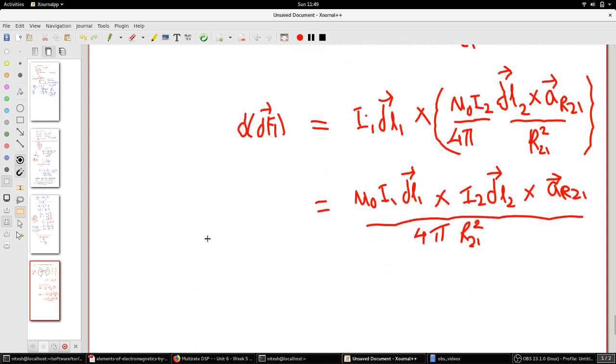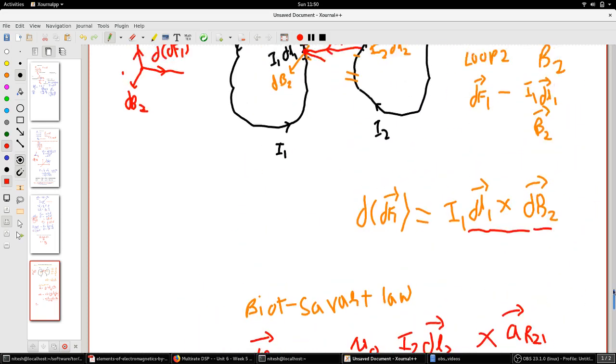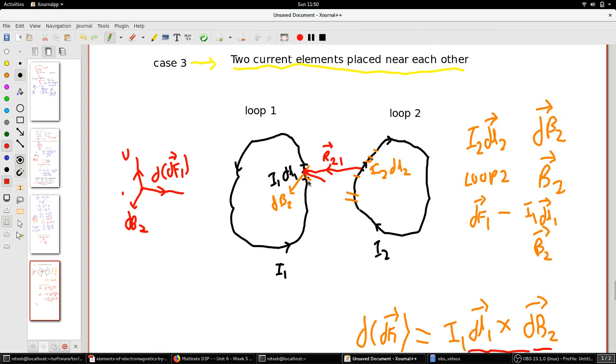So now if I want to find out the total force F1 on the current element I1 dl1, or on the current loop 1 actually, I want to find out the force F1 on this current loop 1 due to the magnetic field produced by loop 2.